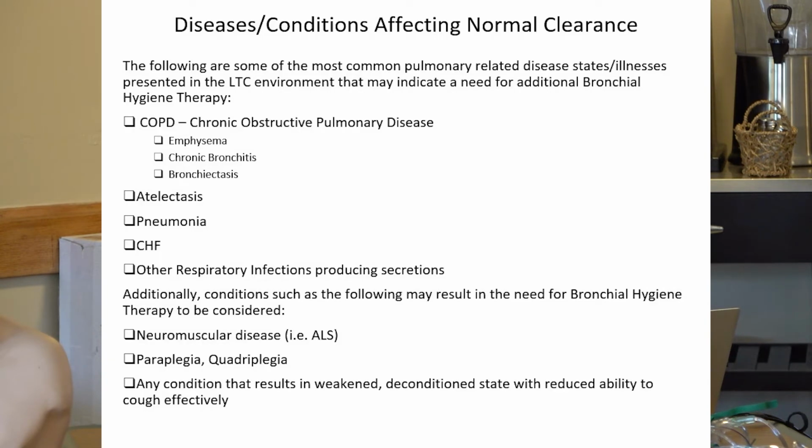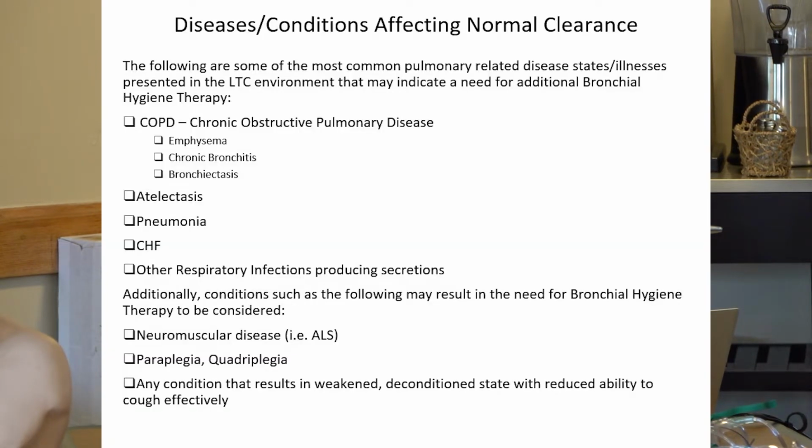Other respiratory infections that produce secretions. Additionally, other conditions may result in need for bronchial hygiene therapy, such as neuromuscular disease like ALS, amyotrophic lateral sclerosis, otherwise known as what? Lou Gehrig's disease, right? Okay. Paraplegia, quadriplegia. And also your stroke patients, who again have issues with clearance.